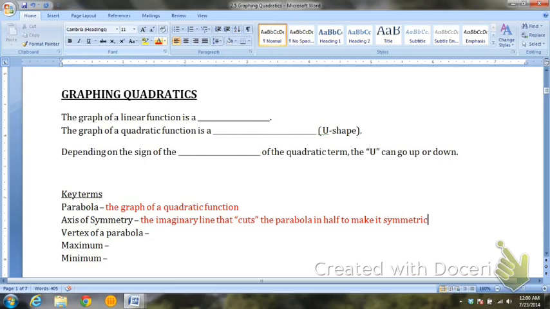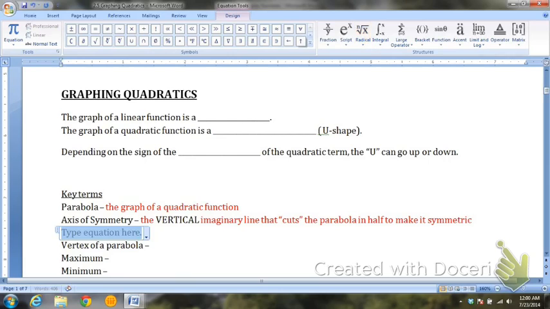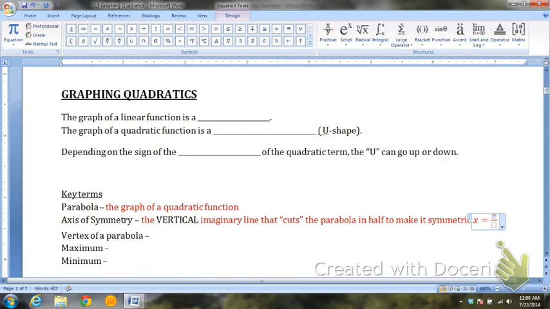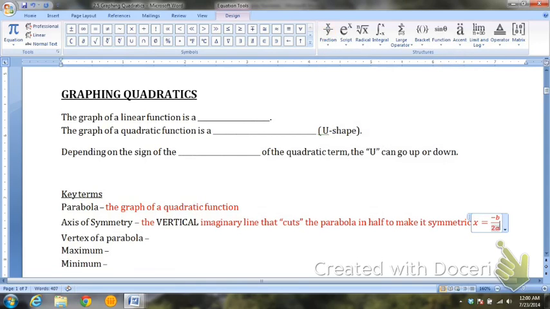It is always a vertical line, so maybe we should add that in here, that it is the vertical imaginary line. It is also taking the equation x equals the opposite of b over 2a.